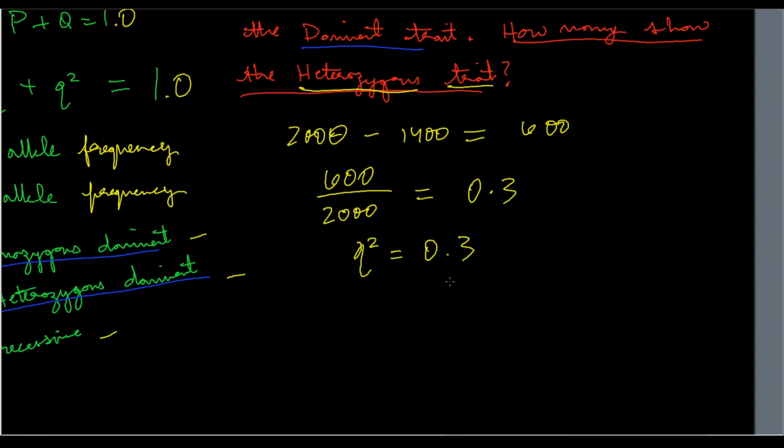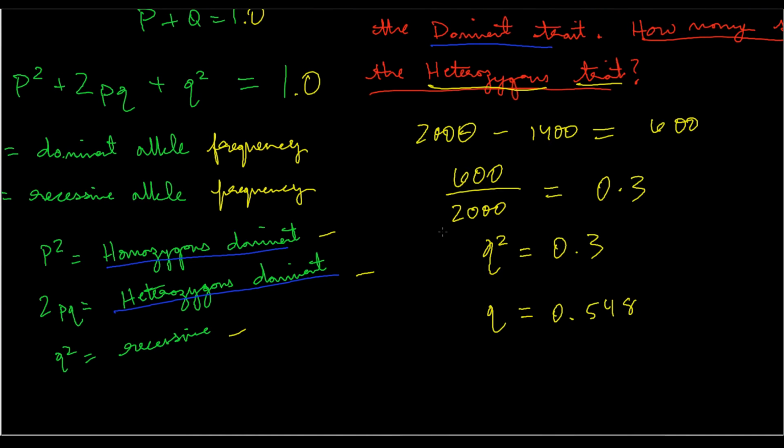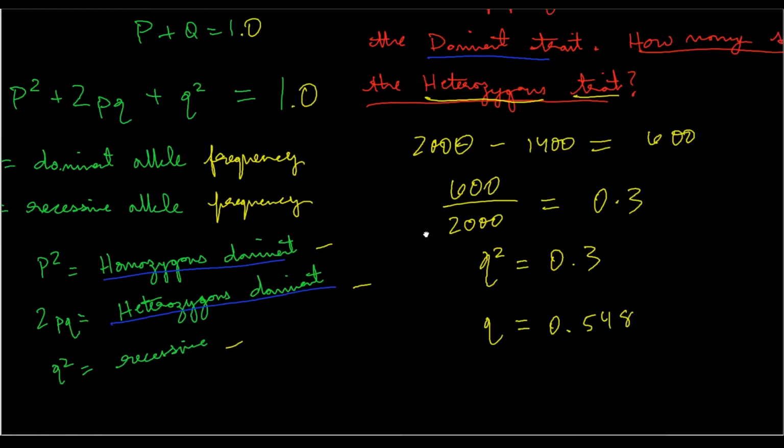Then q is equal to the square root of that number, which would be 0.548. For the most part, I think if you go to 3 significant figures, you should be okay. So q is equal to that.